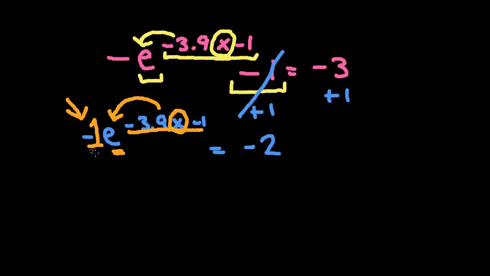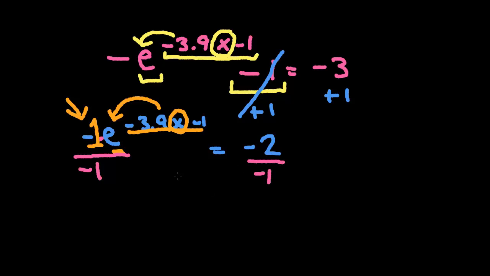So we can now get rid of that -1 because he is not attached to that exponent, and he's the next closest thing to being near the exponent but not attached to it. So to make the -1 go away, since it's multiplied times the e, we'll use the inverse operation and divide by a -1.